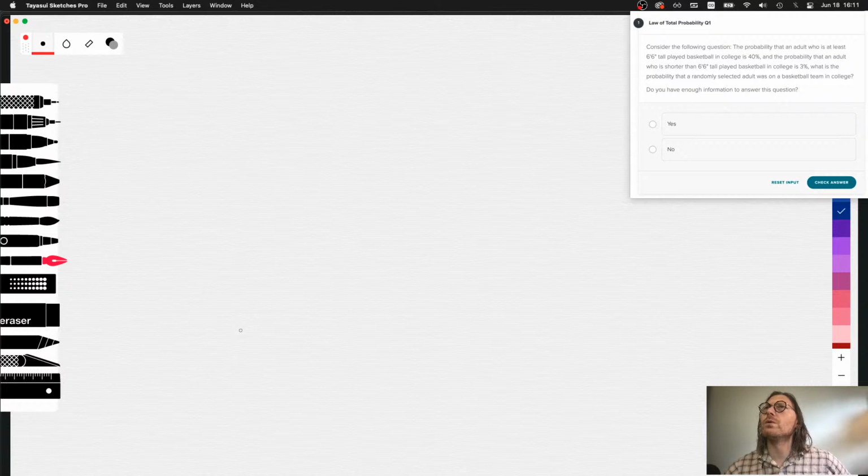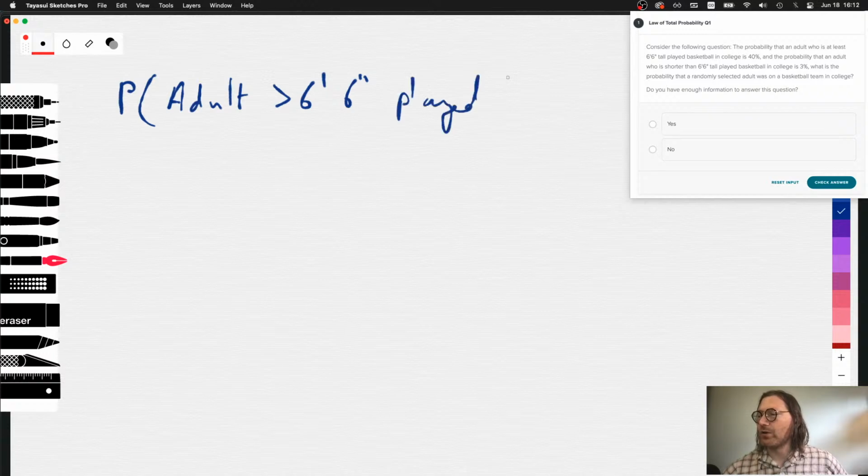This is the probability of an adult greater than 6'6" playing basketball.